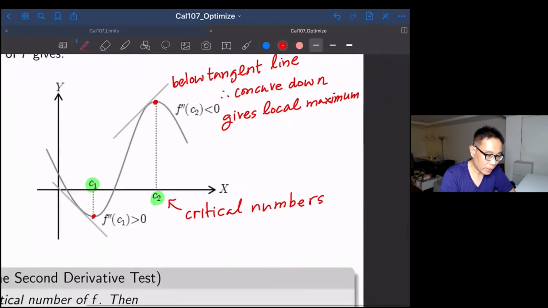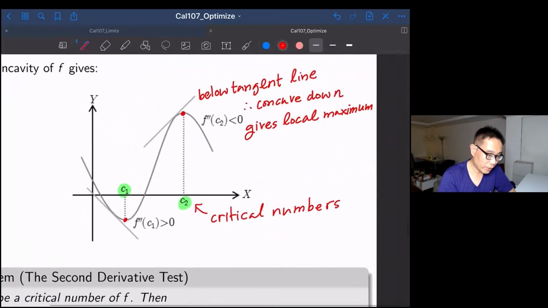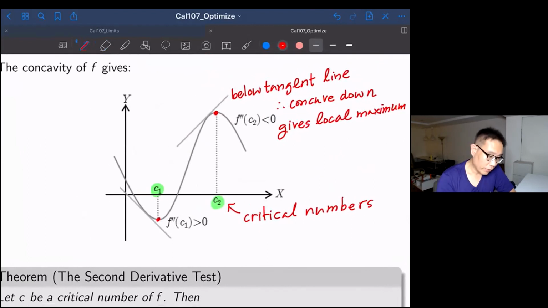However, if you have concave up, in this case, you have the graph above the tangent line. So this guy is concave up.